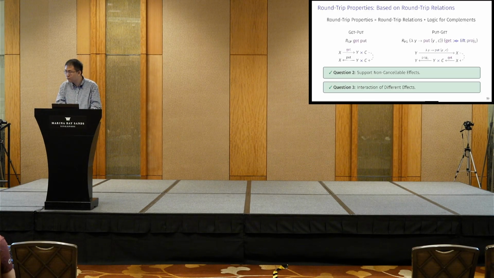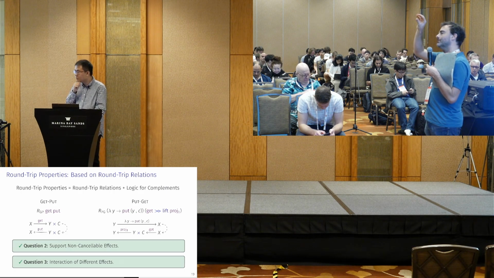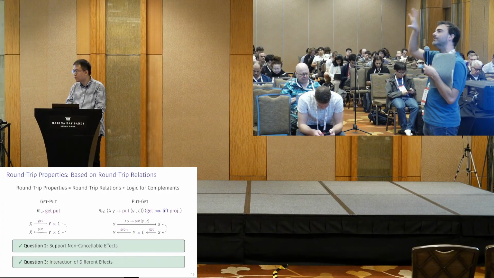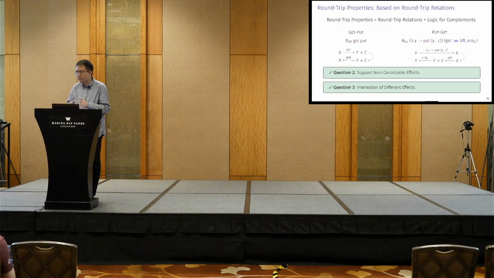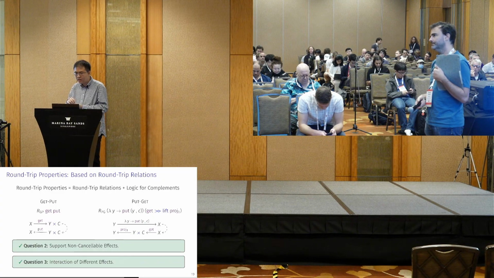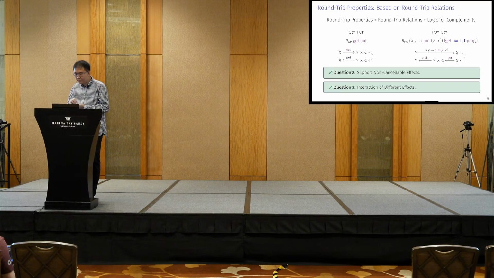Something else I was wondering about, have you looked at other optics, like prisms? For example, these lenses that sort of give you a view on multiple copies of the same structure? Right. So all the other optics, the prisms, the traversals, and all the others in the hierarchy, I think there might be some incompatibilities because the fundamental encodings are relatively different.